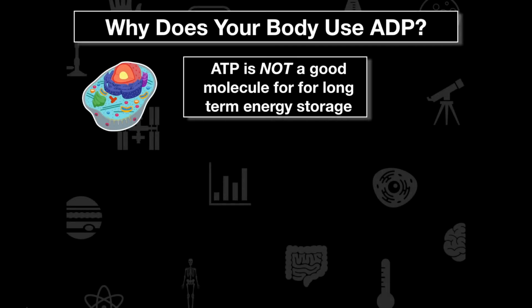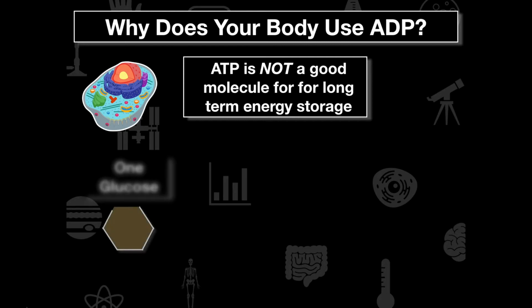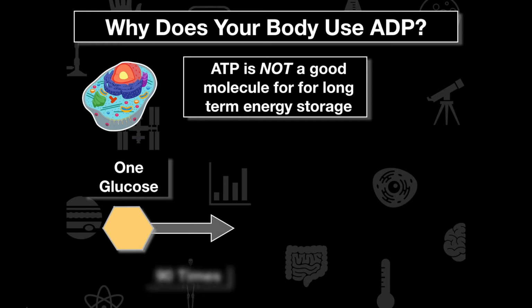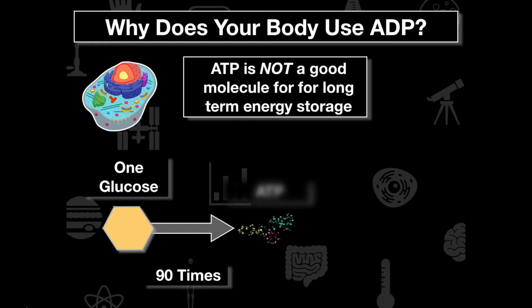ATP is not a good molecule for long-term energy storage. A single molecule of the sugar glucose stores more than 90 times the energy required to add a phosphate group from ADP to ATP.